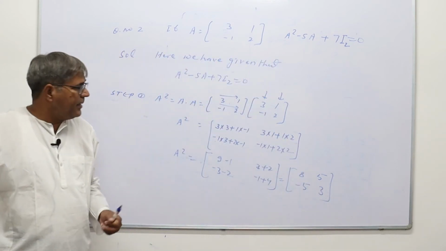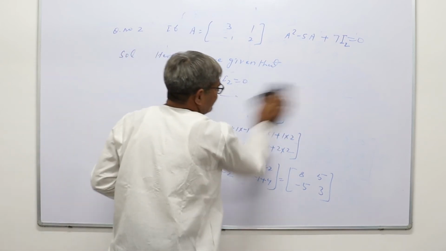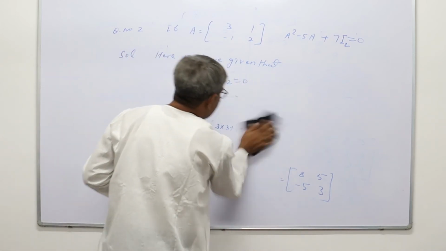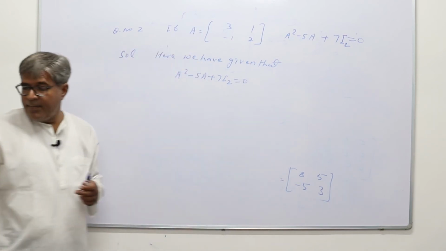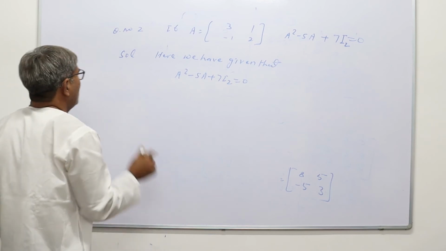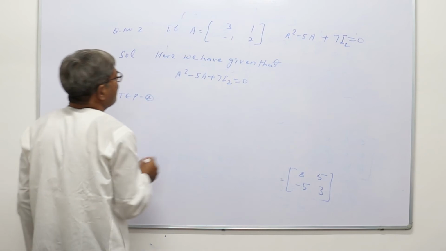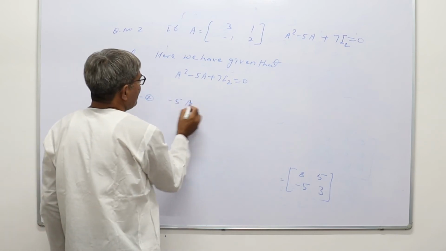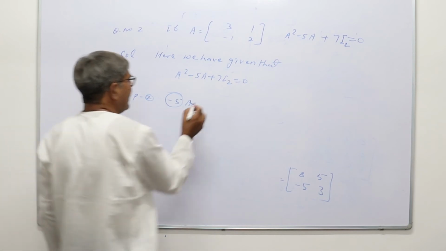Then in step second, we will find minus 5A. So step second, minus 5A means scalar multiplication of minus 5 with the given matrix.